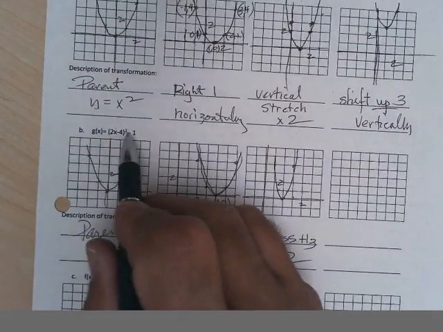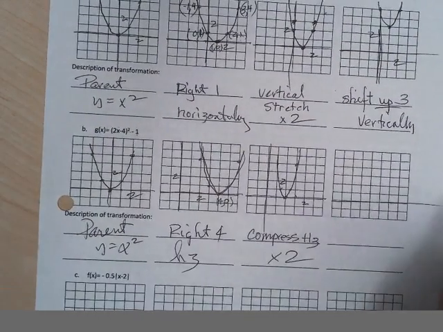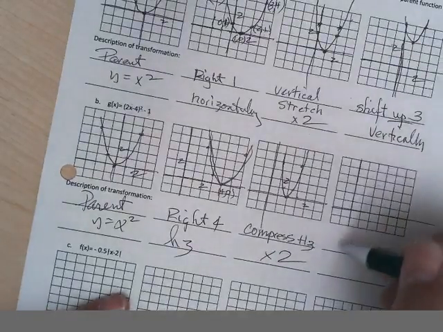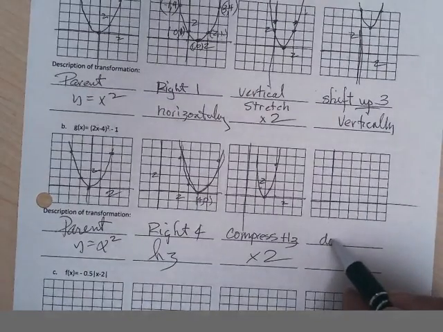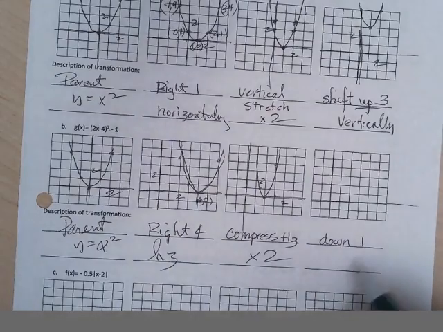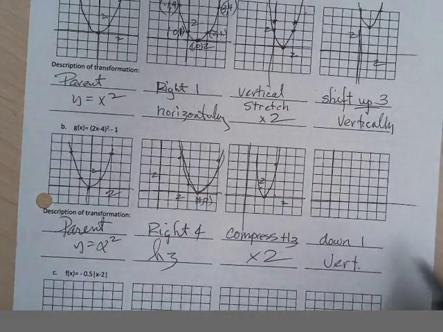All right, I did all this. Now I've got to go minus 1. And that's in the y direction, so down 1. That's vertically.